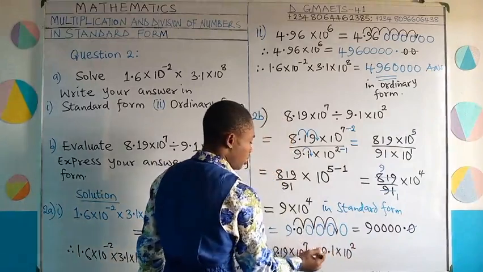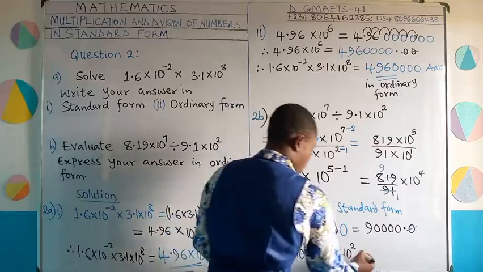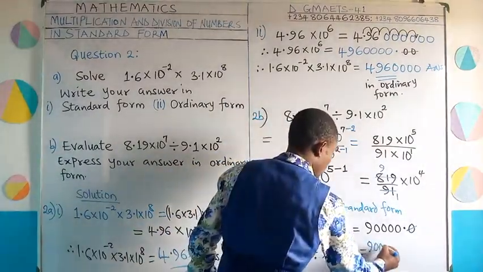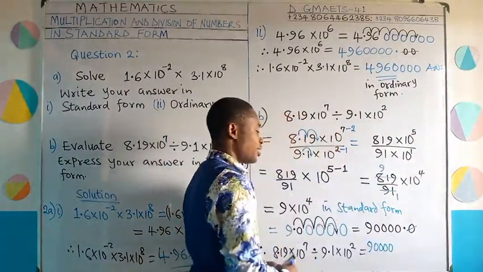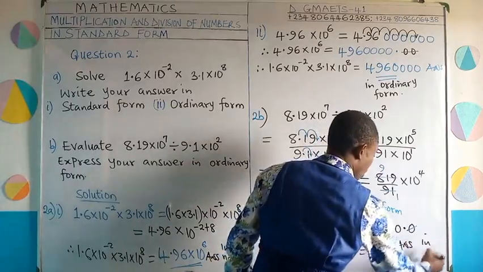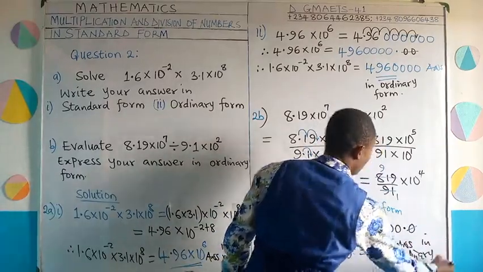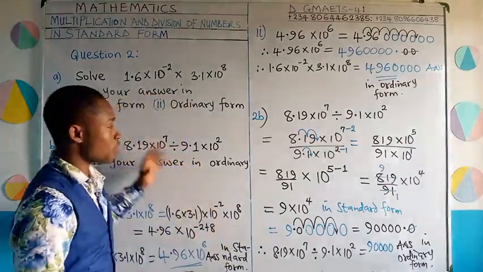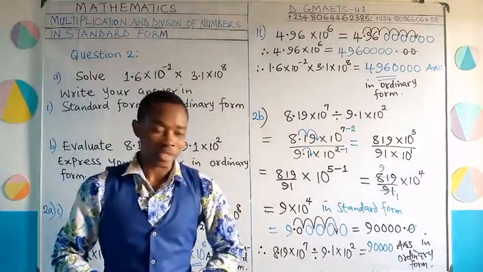The answer is going to be 90,000. That is 90,000. Answer. And this is in ordinary form. And this is how we solve these problems, okay, that we have here on the board.